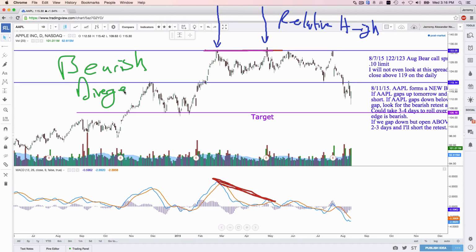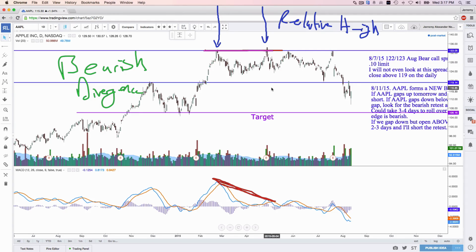So what I'm getting at is I'm not here to say by any means that I thought Apple was going to go to zero at that particular level. I will say, however, that based on the divergence, based on that bearish candle as of the 28th of April, I had many bearish trade setups based on this analysis.